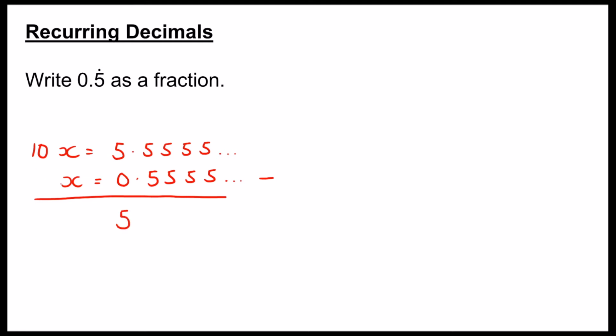I also know that 10x take away x would give me 9x, so 9x is equal to 5. The last thing I can do is solve this equation and leave my answer as a fraction. So I divide both sides by 9, and that would give me x is equal to 5 over 9. So that would be 0.5 recurring written as a fraction.